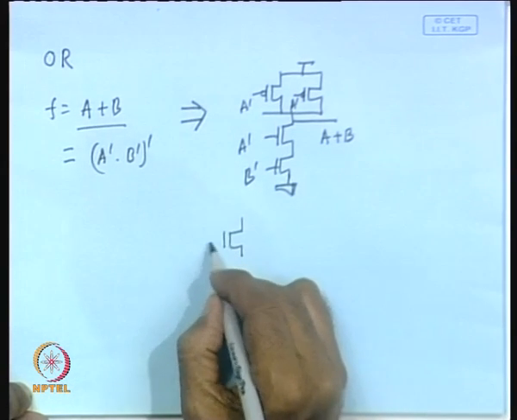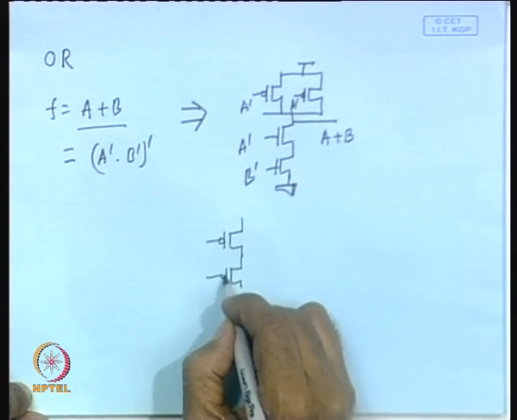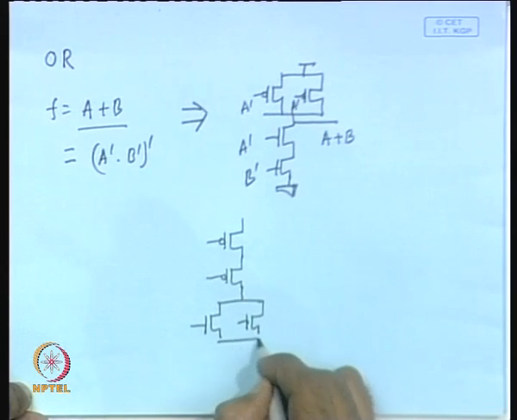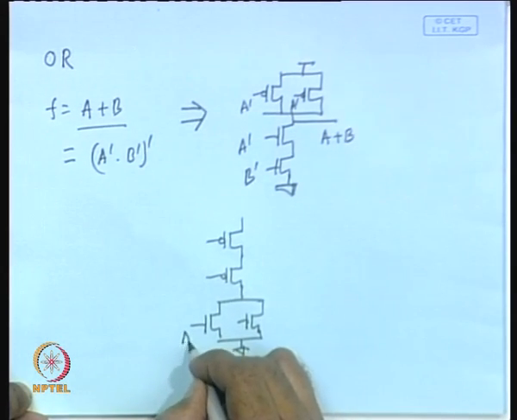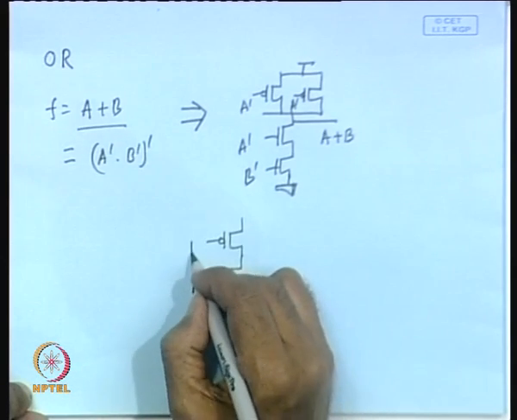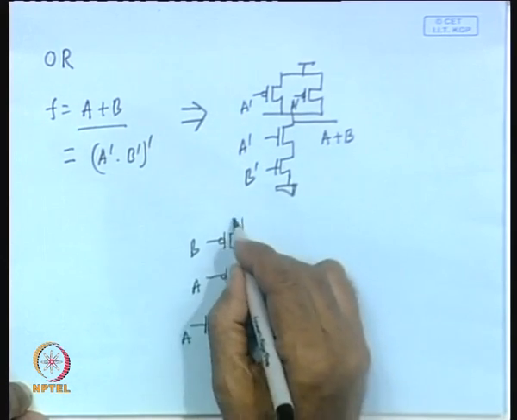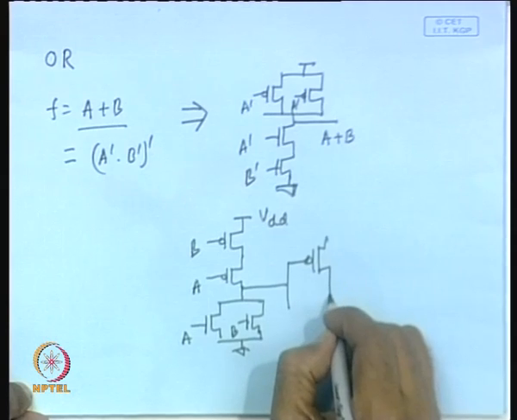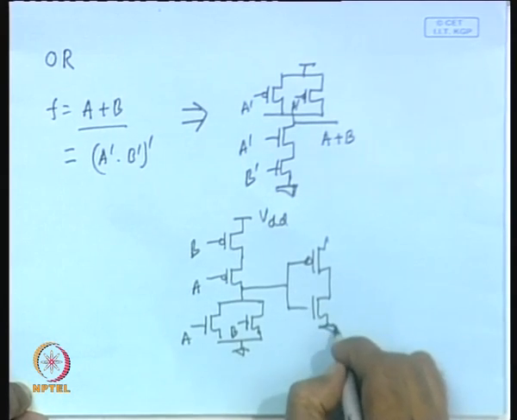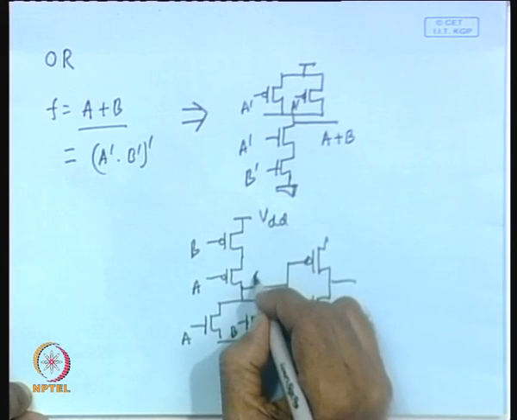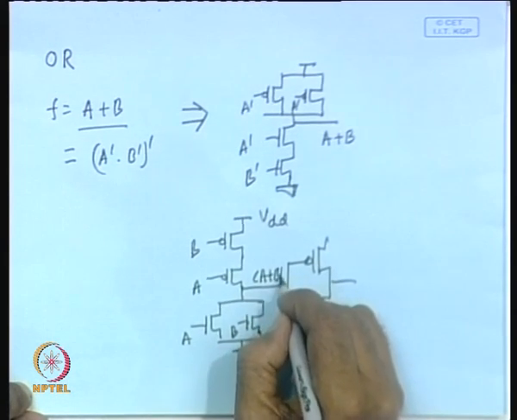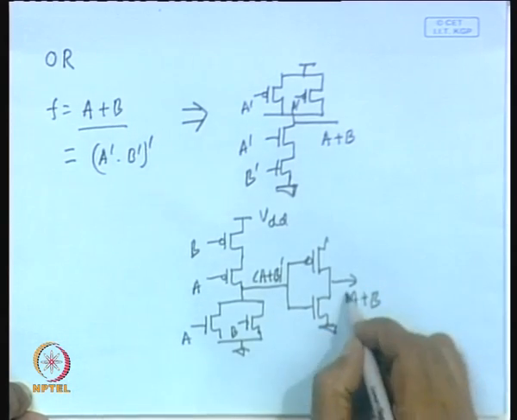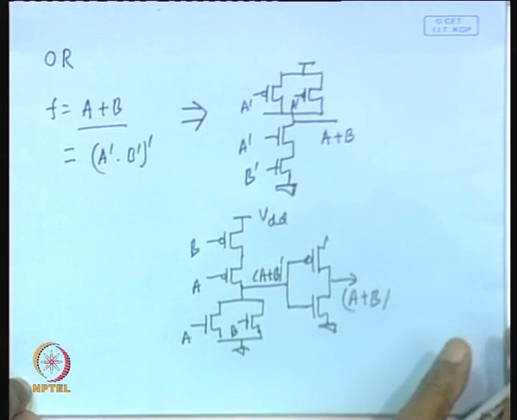You can realize the NOR gate first, a typical NOR gate realization with inputs A, B, and then put an inverter. So, this is an alternative realization for the OR gate. Here you are realizing the NOR function, and then you get the OR function.